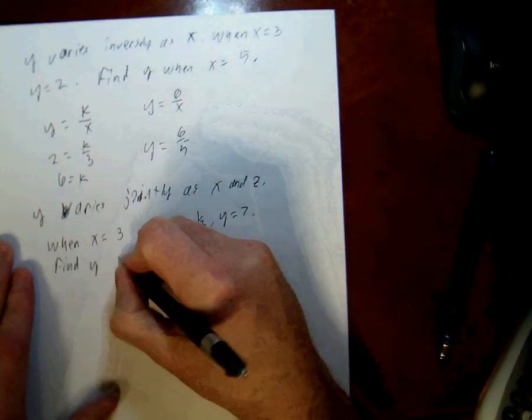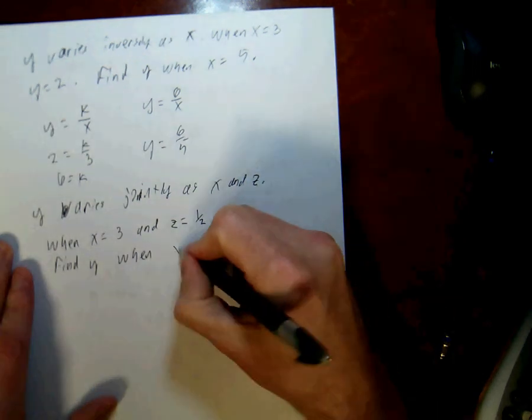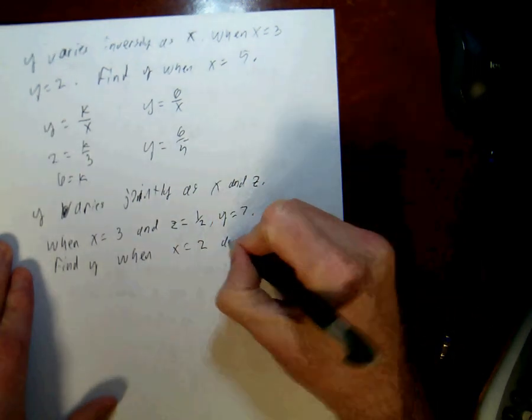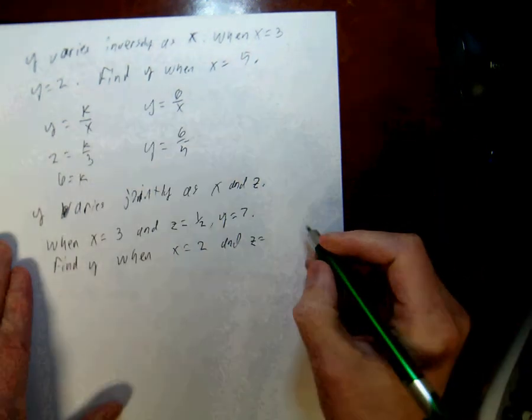Find y when x is equal to 2 and z is equal to -3.